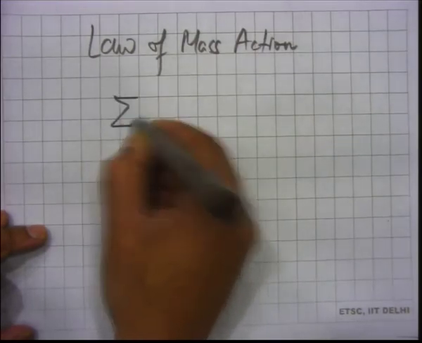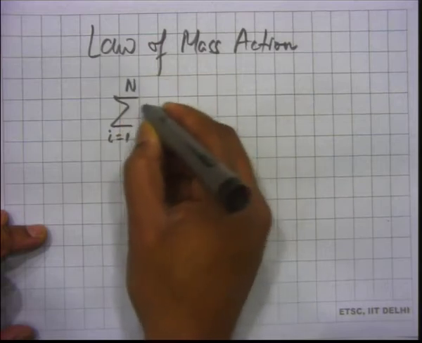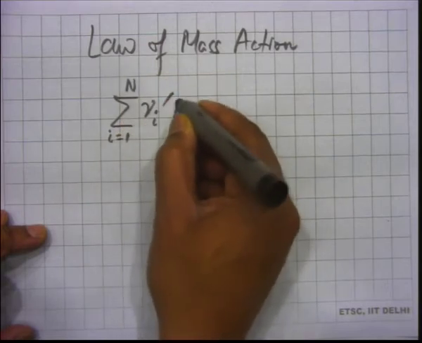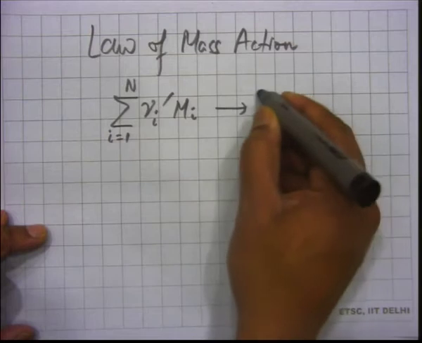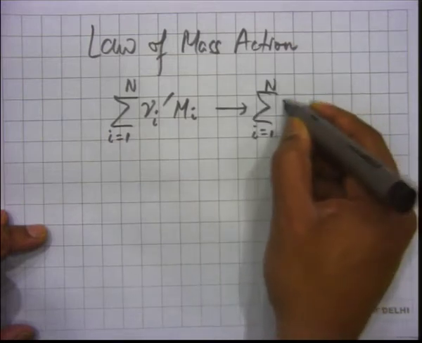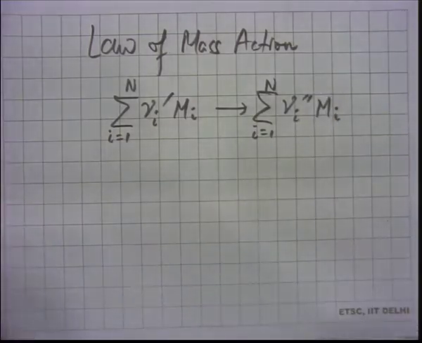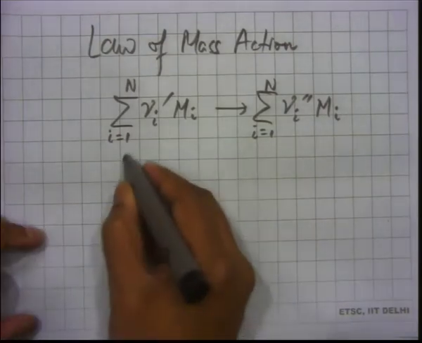We will write two terms, one for the reactant side and one for the product side, to indicate a reaction taking place. Yeah, so this has come out of the blue, so I have to explain this to you.